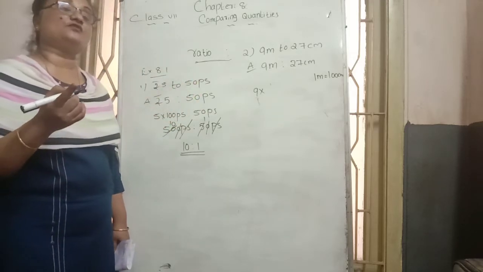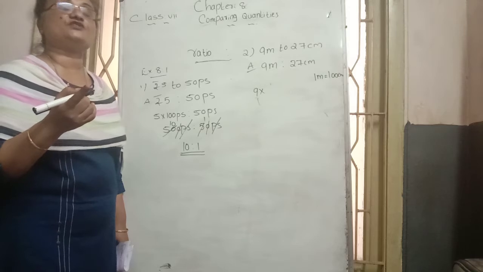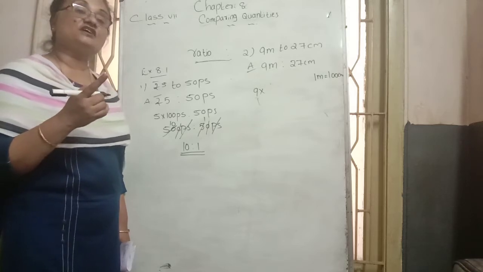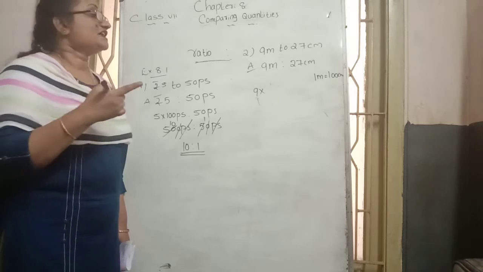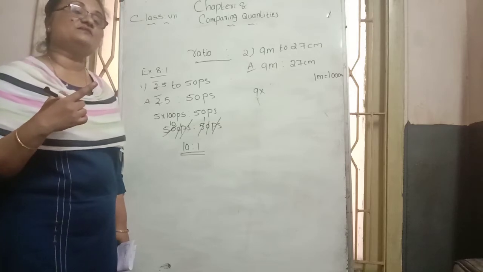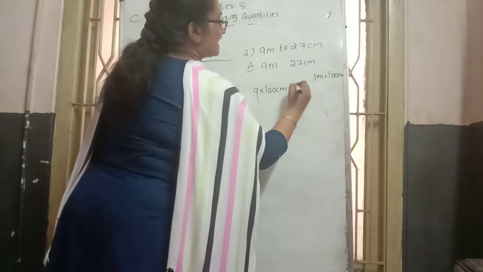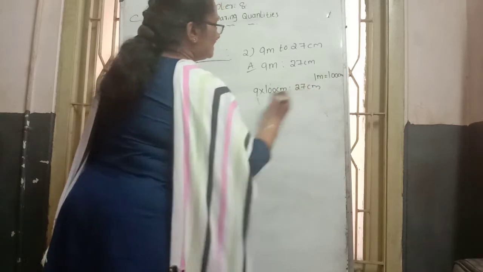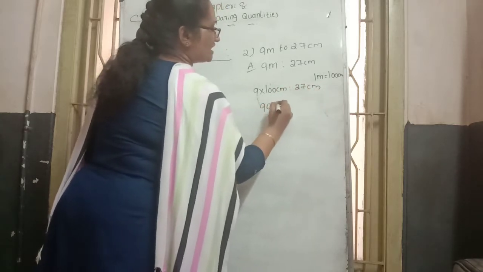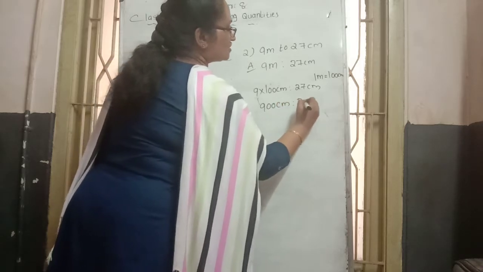So 2 meters means 2 into 100, 200 centimeters. 3 meters means 3 into 100, 300. Like that, 9 meters means how many centimeters? 9 into 100 becomes 900 centimeters.